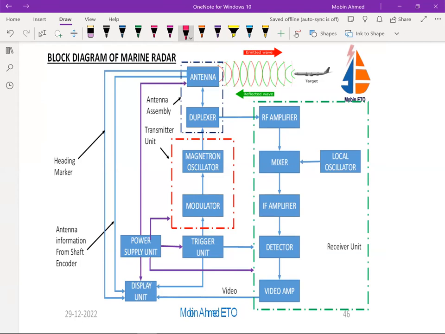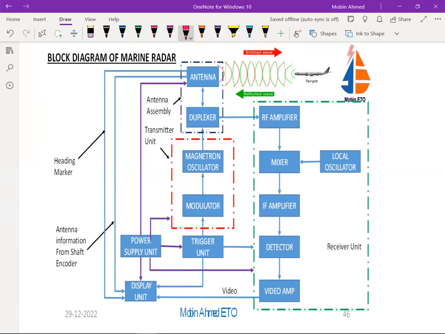Now, this modulator is being charged by the power supply unit, and when it is being charged, a capacitor is being charged. Not only the capacitor, there is also a delay line unit that is being charged. And when the trigger comes from here, it discharges through the magnetron oscillator.